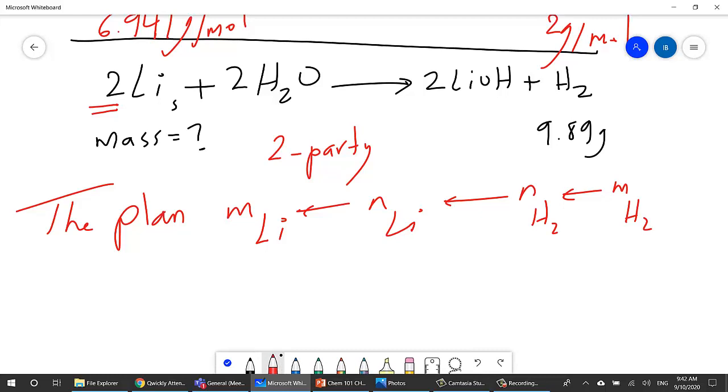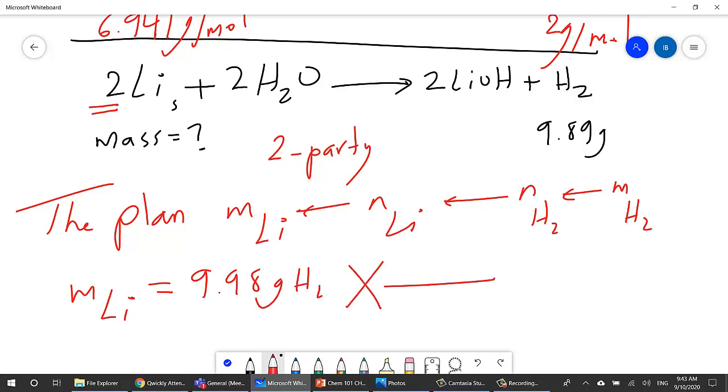Then analysis, he needs the mass of lithium. So mass of lithium equals, you always start with what is required or what is asked for. He's only giving you one number, which is 9.98 gram. So let's use that and start multiplying. Start multiplying by what? If you are confused, go to your plan.